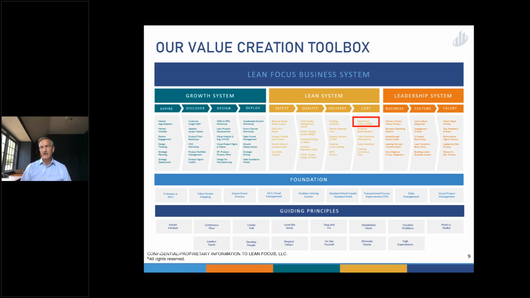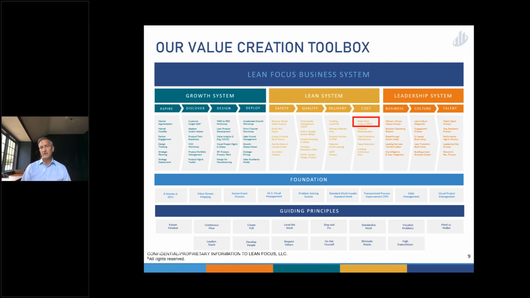But on top of that, we have the growth system, the Lean system, and the leadership system, which are a lot of very specific tools targeted towards very specific processes in your company, on the growth, Lean, and leadership side of the business. So this is all part of the Lean business system.